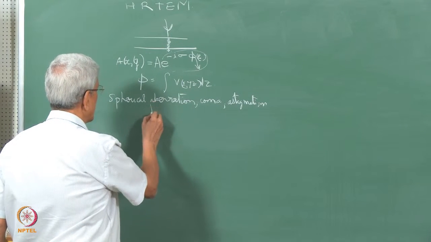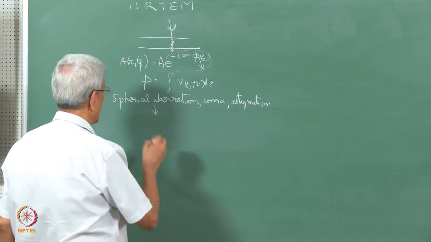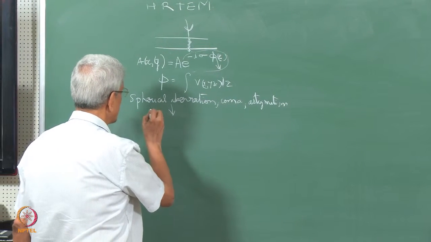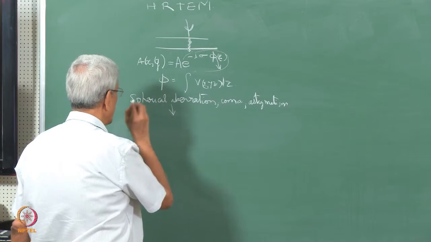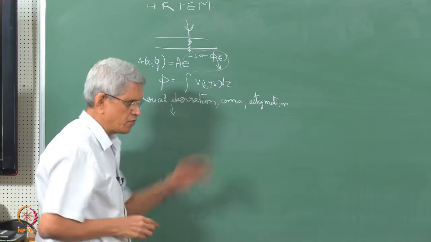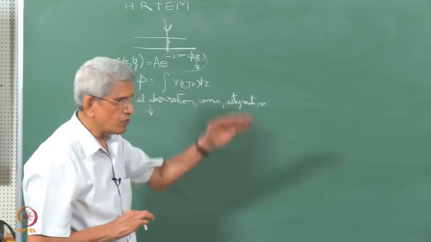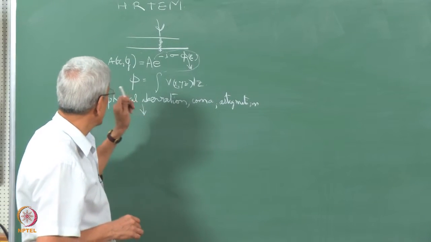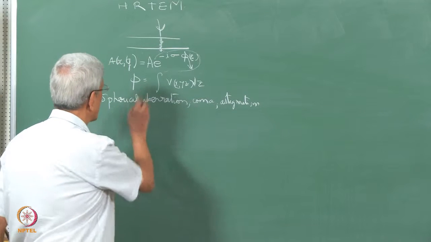What is essentially important is the spherical aberration. What the spherical aberration does is that it essentially brings about a lot of changes. Before we talk about how it deteriorates the resolution, let us first talk about what is spherical aberration.